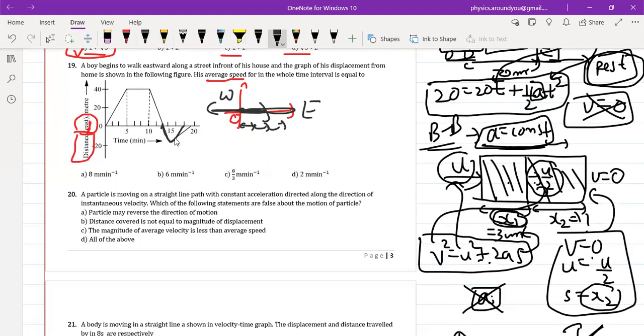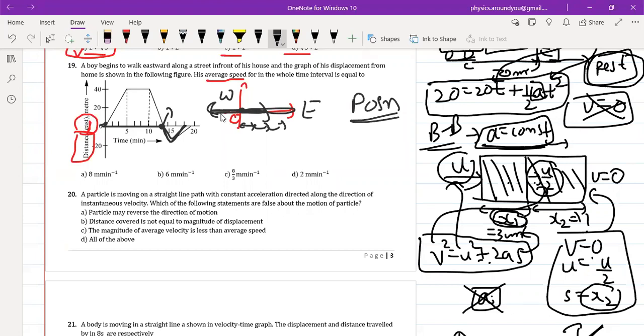If this is going in a negative direction, it means that it is not distance they are particularly asking, it's distance in a particular direction. So it is position or displacement is what they're talking about. The boy started from his home, and at this time you can see the distance east is 0, which means he came back to his home and he started moving towards west.